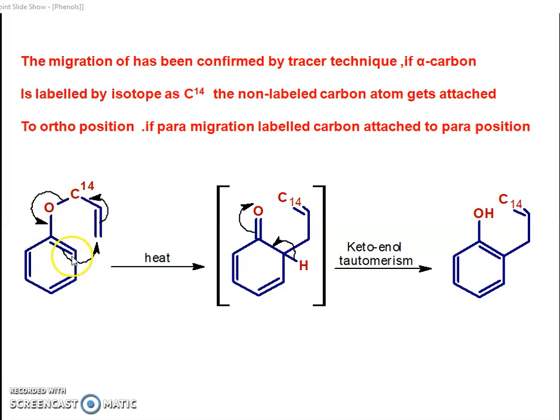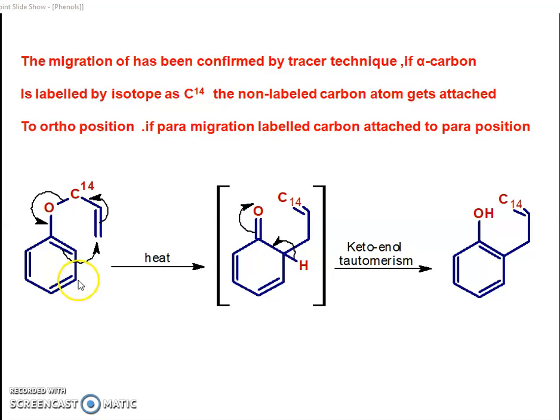Then after migration, the labeled carbon gets attached to the para position in para migration. So these tracer techniques show which carbon is attached to the ortho position and the para position.